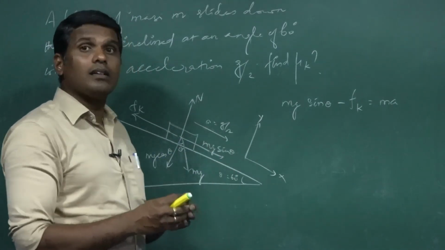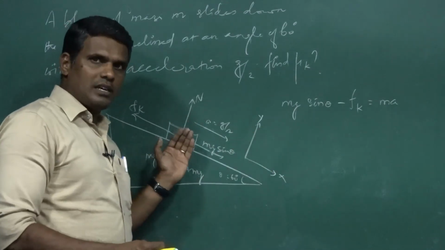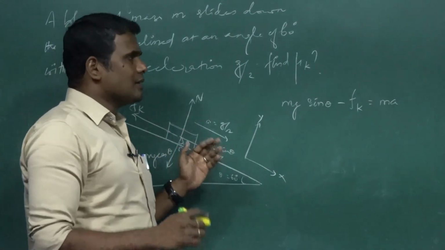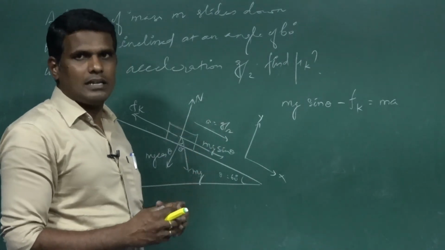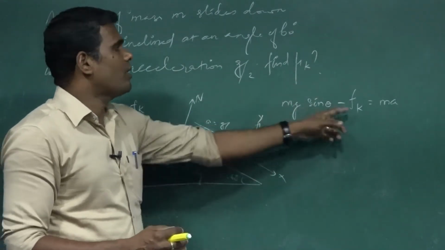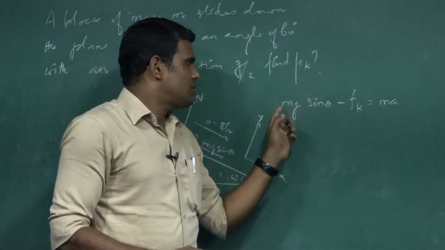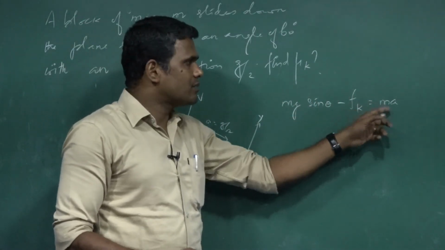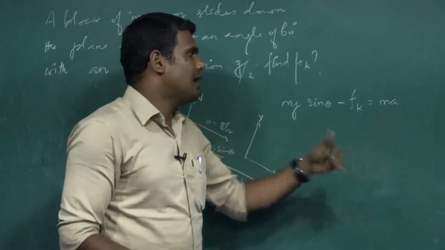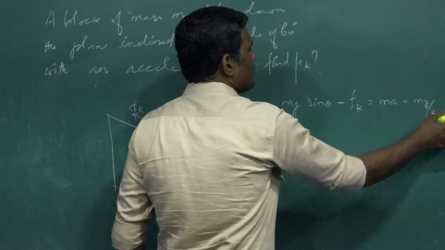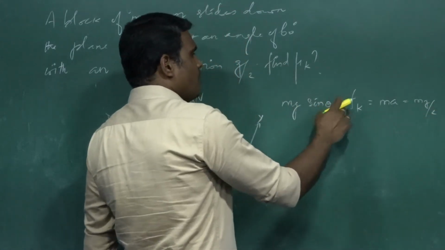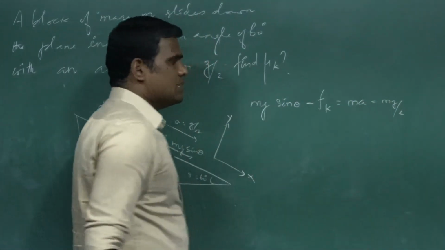All the forces acting on the body must be taken on the left hand side of the equation, and then that must be equated to the product of mass into acceleration. We are applying Newton's second law. Your net force is mg sin theta minus Fk, and this is equivalent to ma, mass into acceleration. And they have mentioned the acceleration is g by 2, so I can write mg divided by 2. So mg sin theta minus Fk is equal to mg divided by 2.